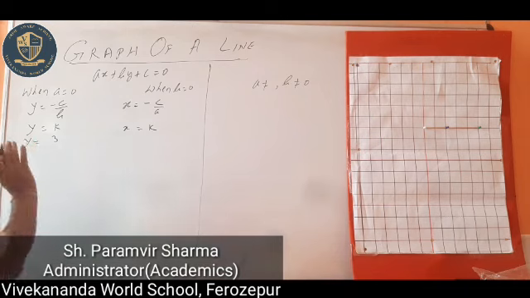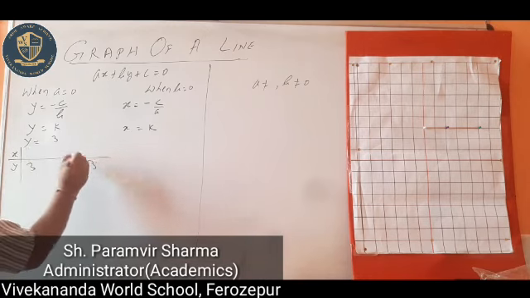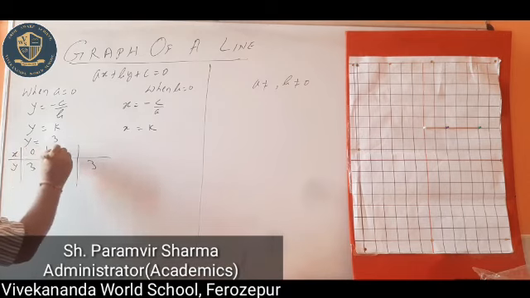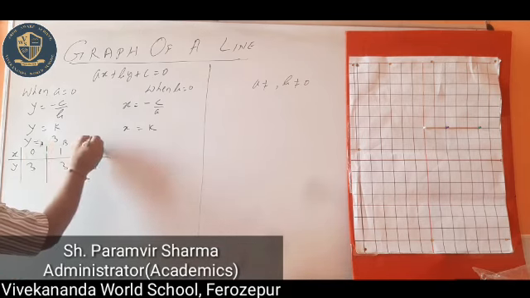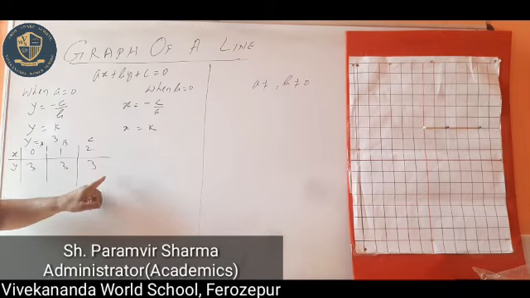Now a condition on y is given, and when we are taking points on this, y is 3 in all the cases. So you can select any value of x. Easier cases are 0, 1, 2. So these 3 points are on this line: point A is (0, 3), point B is (1, 3), C is (2, 3). The value of y is 3 in all the cases.